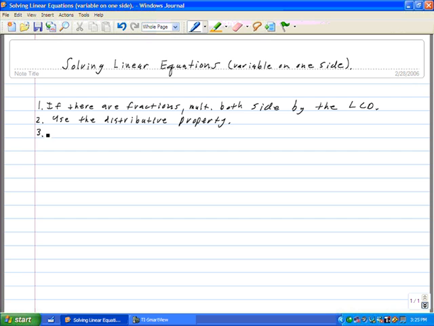Third thing we want to do is to combine all like terms. Combining like terms means that the properties that you're going to have to use, like multiplication property, addition property, and so on, are going to be used a minimal number of times.